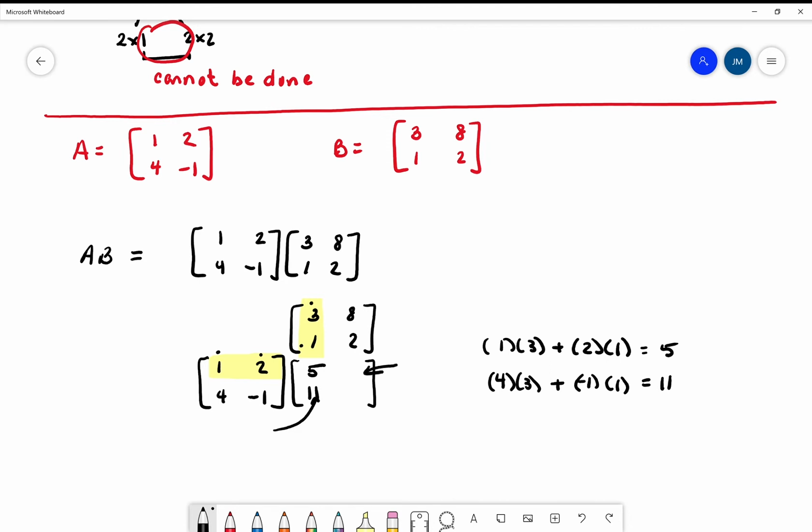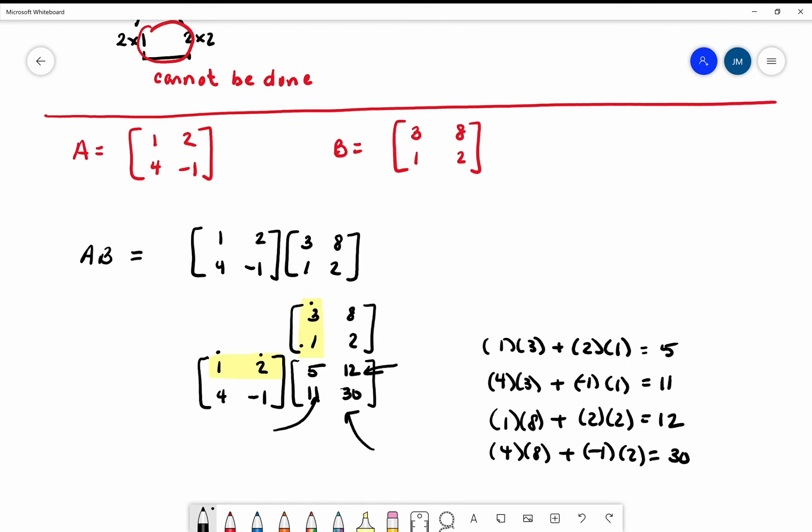To get this entry right here, we're going to multiply the 1 and the 2 by the 8 and the 2, and that looks like 12. And last but not least, we're going to multiply the 4 and the -1 by the 8 and the 2 and add, and that gives us 30. So hopefully you got that AB is equal to 5, 12, 11, 30.